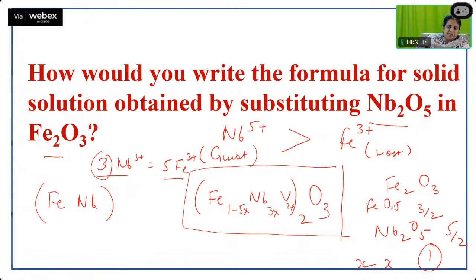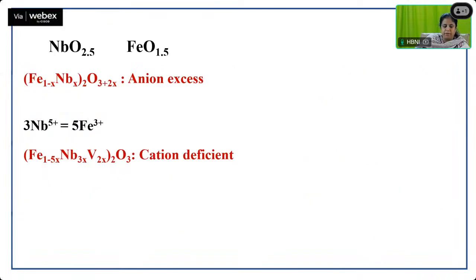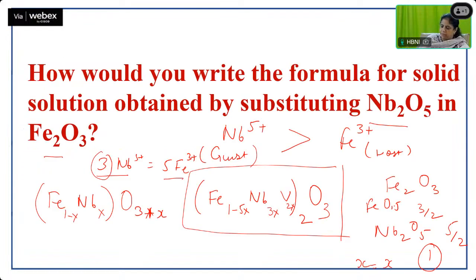So let's say I've substituted x Nb. The number of cations removed is x, because I'm not touching the cationic lattice side now. This would be 3 plus 2x, sorry. This is 1.5 and this is 2.5.